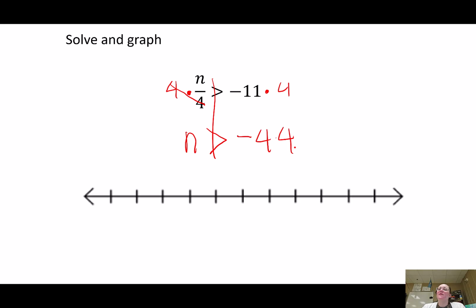And because the 4 is not negative, which is what we're multiplying by, I am not going to flip the inequality sign. So it is only the number that is with the variable. If that is negative, when we are multiplying or dividing, then we would flip the sign. So this one here, negative 44, I'd have an open circle because it's greater than, and I'm shading to the right.